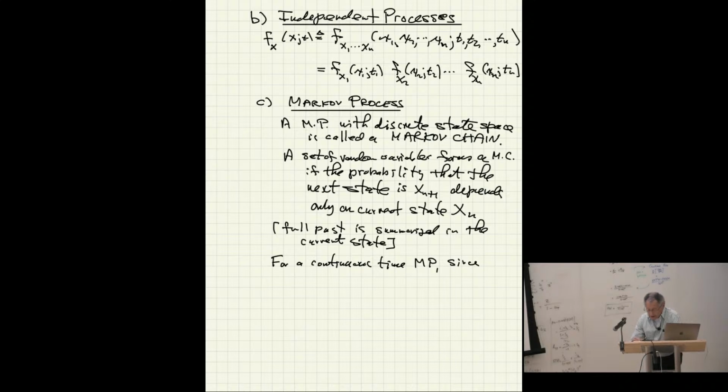Since the current state totally summarizes the entire past, that's all you need to know about the past, just like in the chain. And we're not free to specify how long the process has been in its current state.